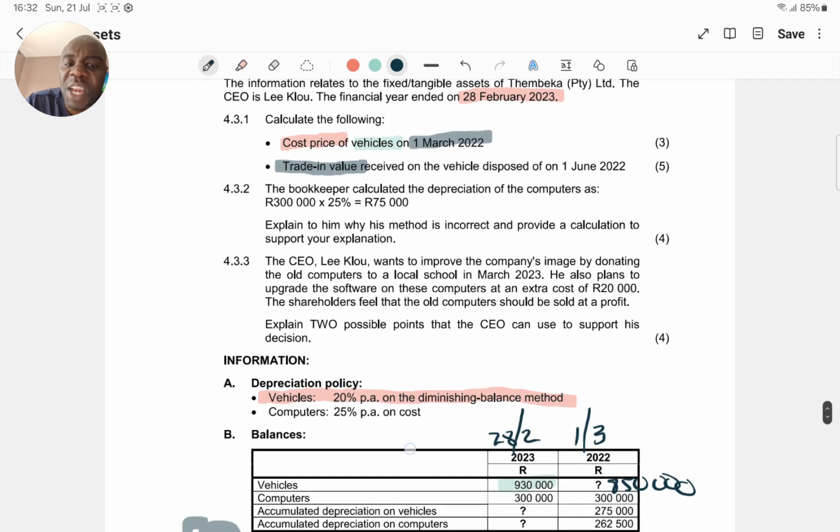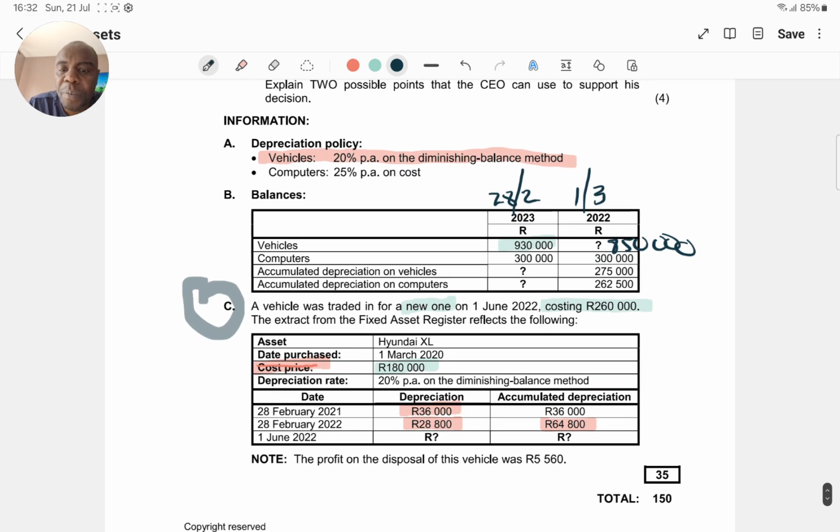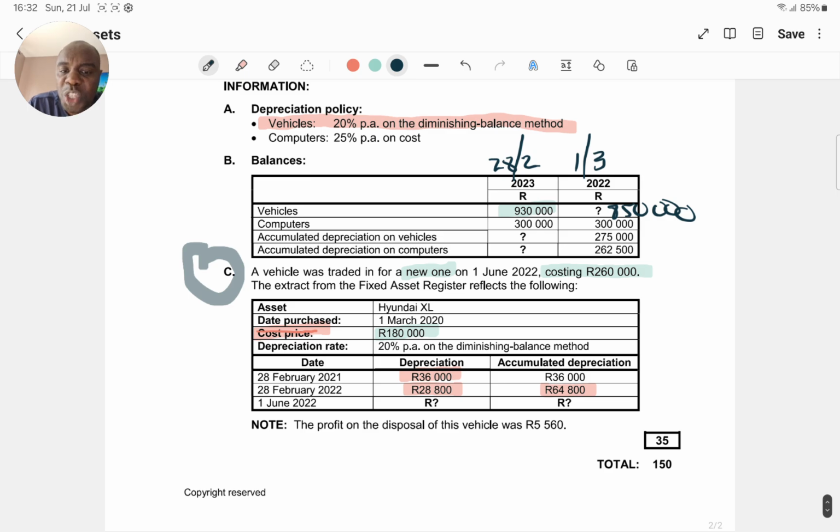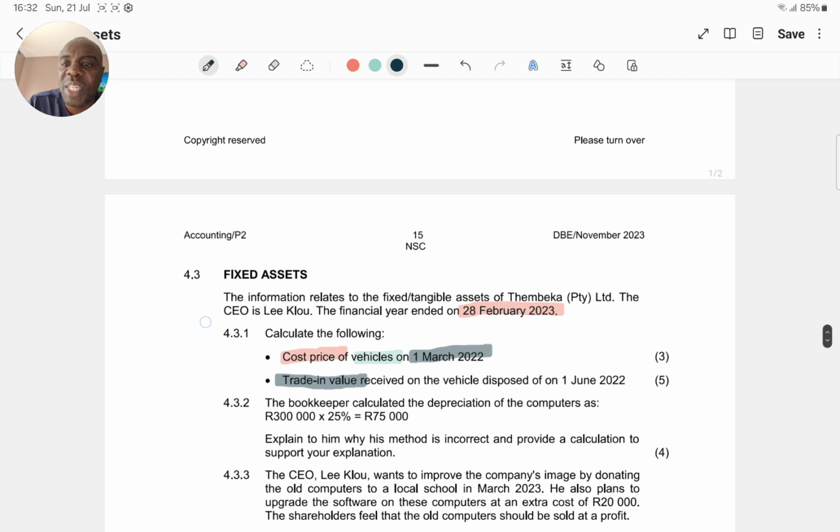That information is given in additional information C. We are told that on the 28th of February 2022, the vehicle had lost an accumulated value of 64,800. It lost 36,000 on the 28th of February 2021. It went on to lose another 28,800 by 28 February 2022. So when we start the current financial year, the asset had lost 36,000 plus 28,800, which gives us 64,800.